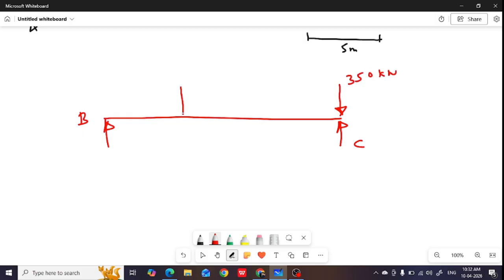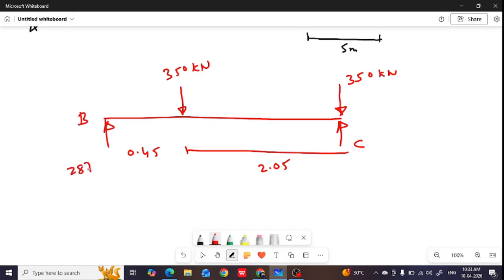Another track we have put here at a distance 2.05 from C. This is 0.45, 350 kilonewton. So we need to find the reaction. Here the reaction is 287 and here the reaction is 413 kilonewton.